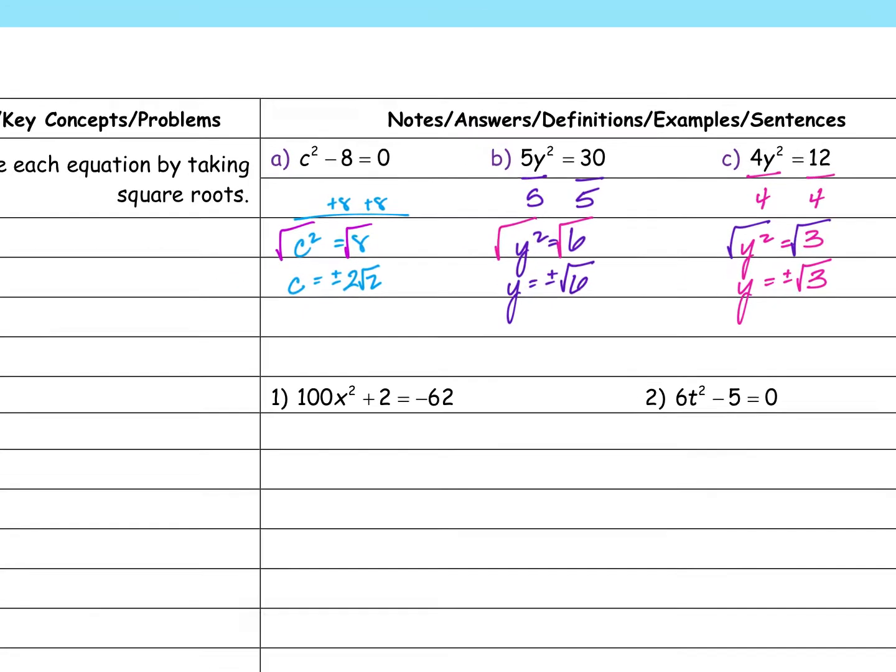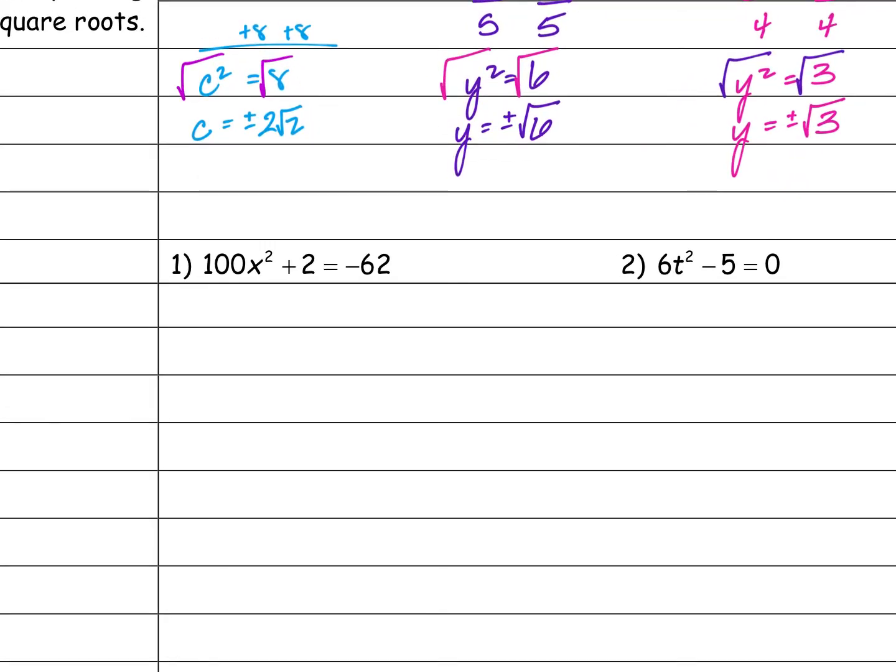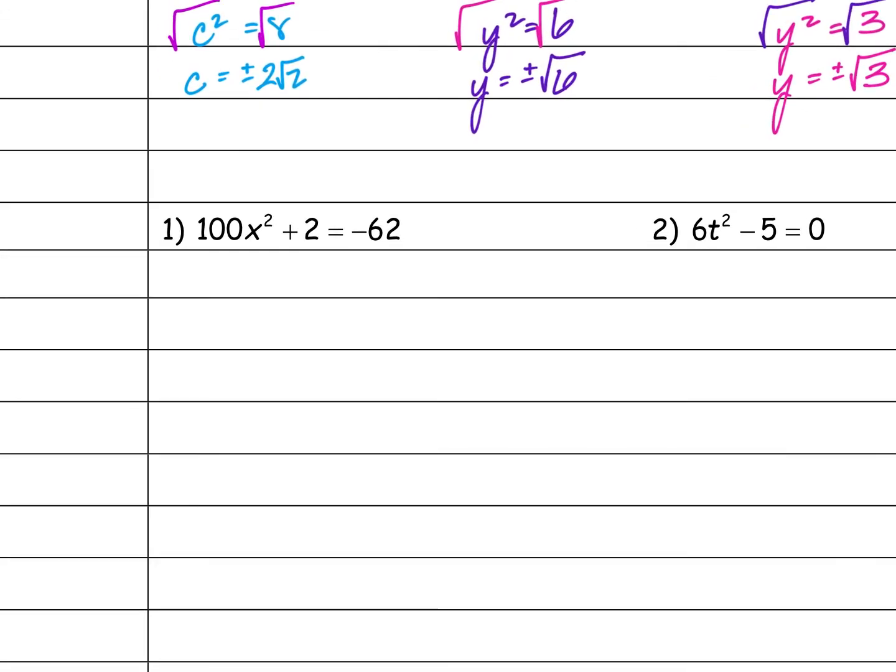Awesome. Okay, so the next little bit, we're just adding one more step, right? So we're still doing exactly the same thing. Instead of a 1-step equation, now we have a 2-step equation. So I'm going to subtract 2, right? So I get 100x squared equals negative 64. Divide by 100.